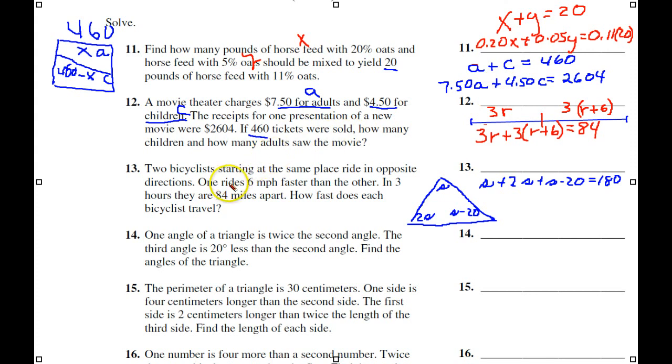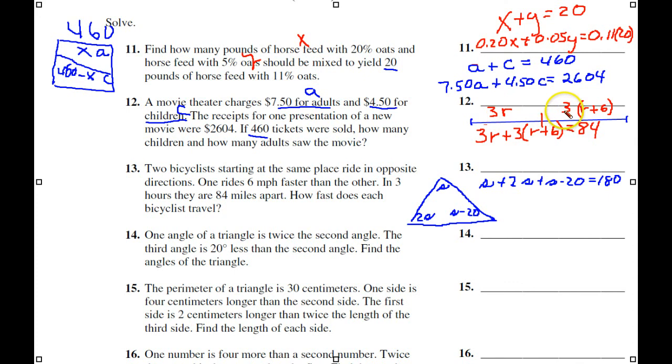Now as we go to number 13, we have two bicyclists starting at the same place, riding in opposite directions. One was going 6 miles an hour faster than the other. And they were traveling 3 hours. So the distance of this person is 3 hours times its rate.